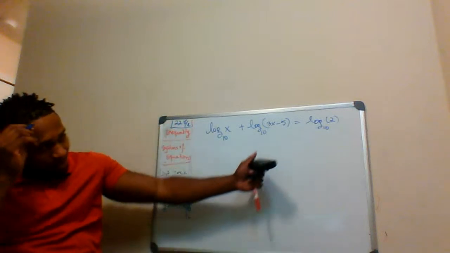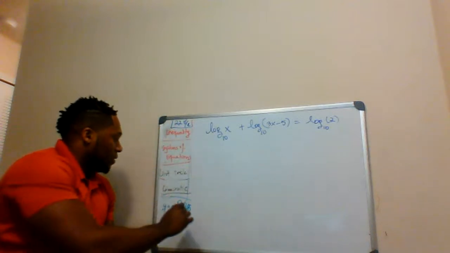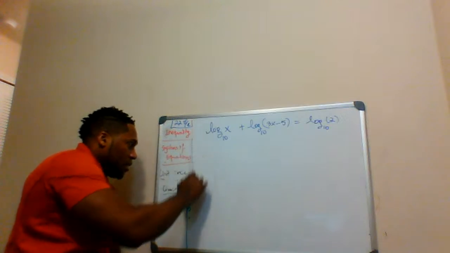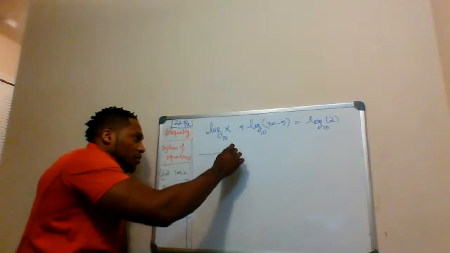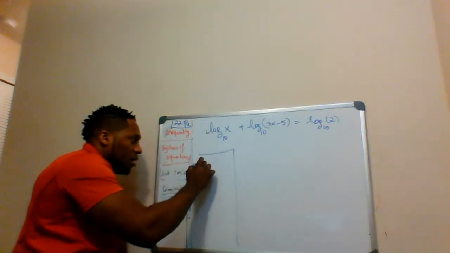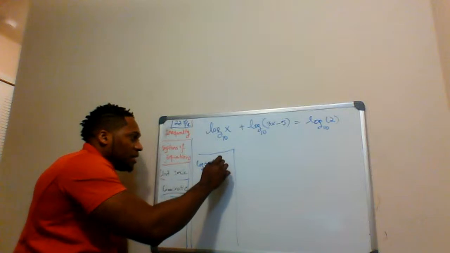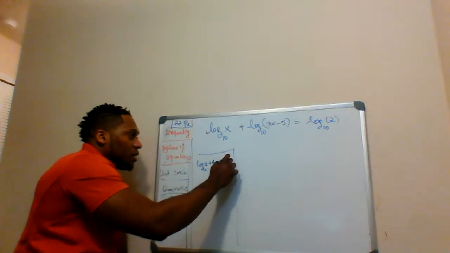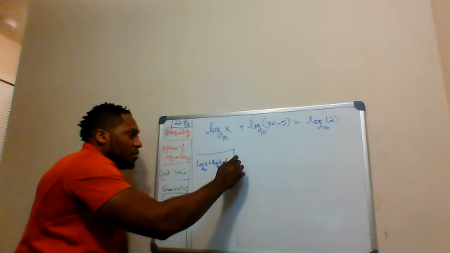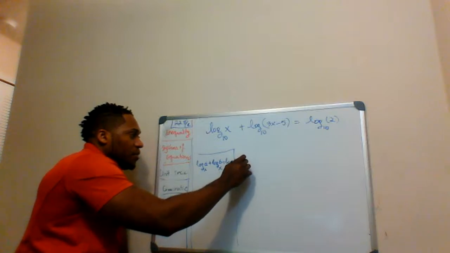All right, so now properties of logs that we know that can help us. The first one is log base x of a plus log base x of b is equal to log base x of a times b.